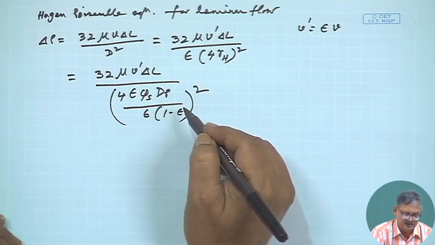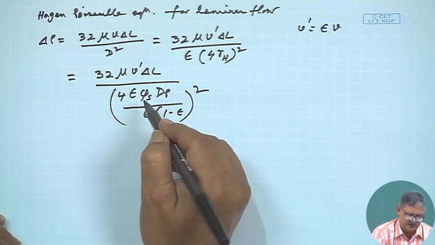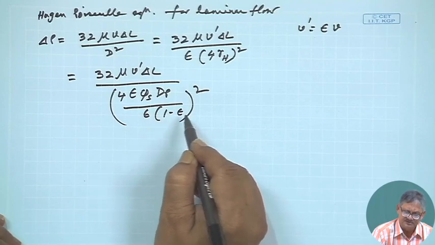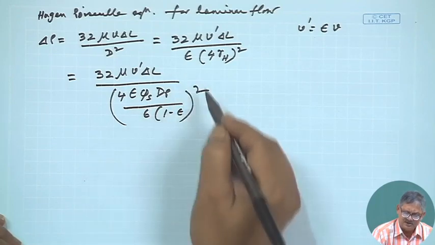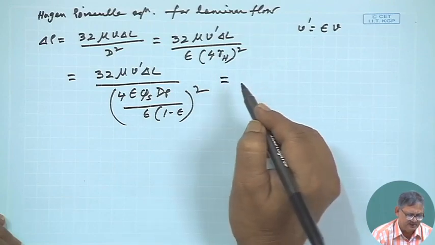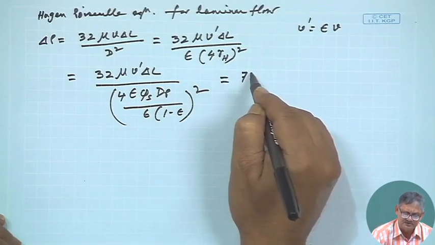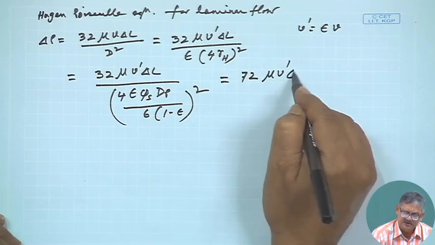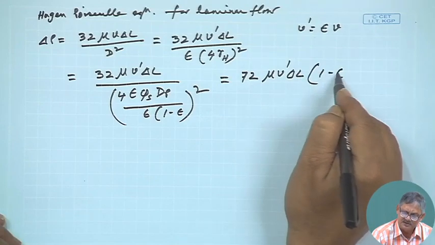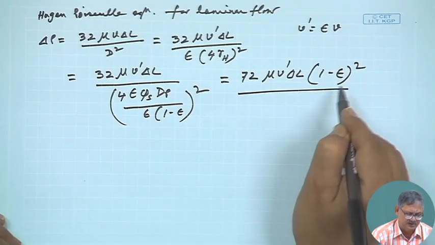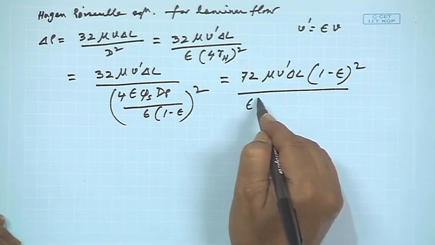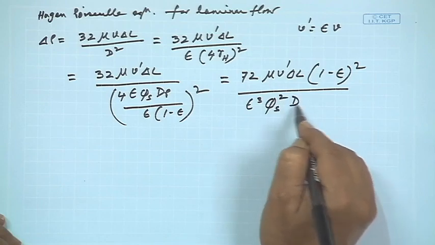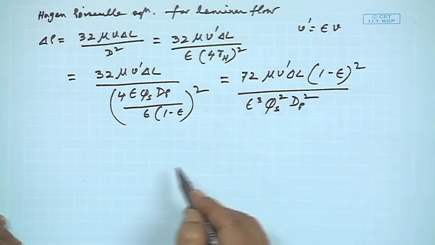So it is 4 epsilon phi S dP by 6 into 1 minus epsilon square, right. This on rearrangement we can write as 72 mu V prime delta L into 1 minus epsilon whole square over epsilon cube into phi S square into dP square, right.